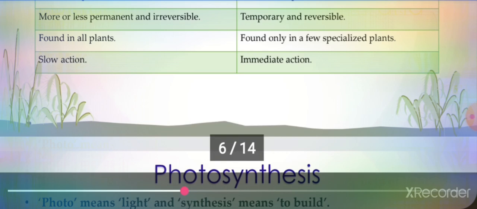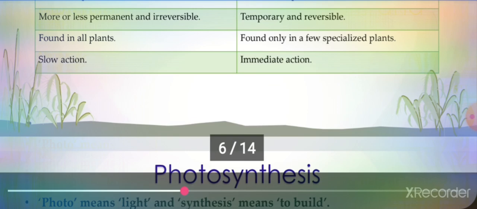It's an insectivorous plant. Its botanical name is Dionaea muscipula. So in some specialized plants alone, you can see this movement which is very temporary, and it is not in one direction, and it is also reversible.